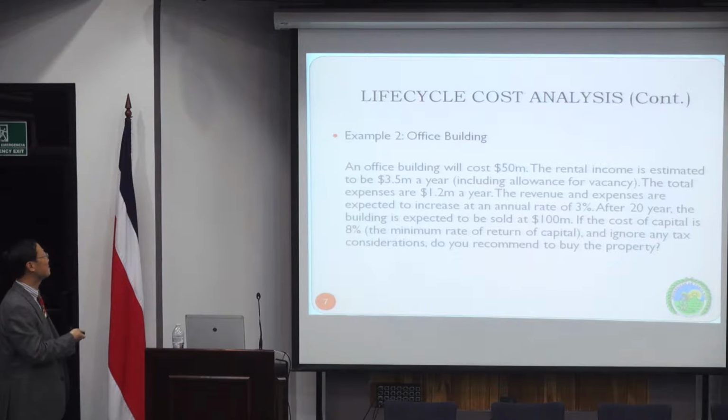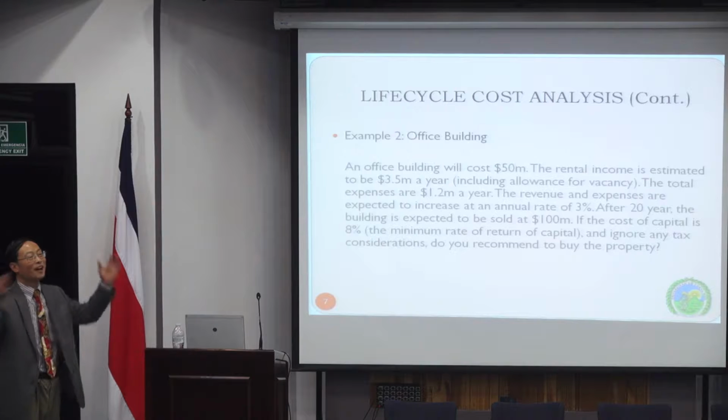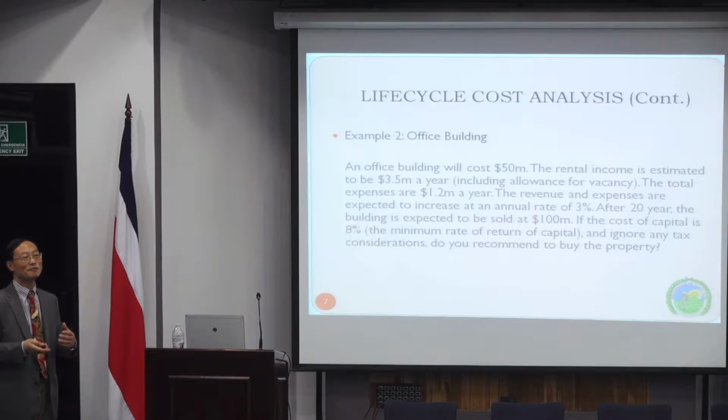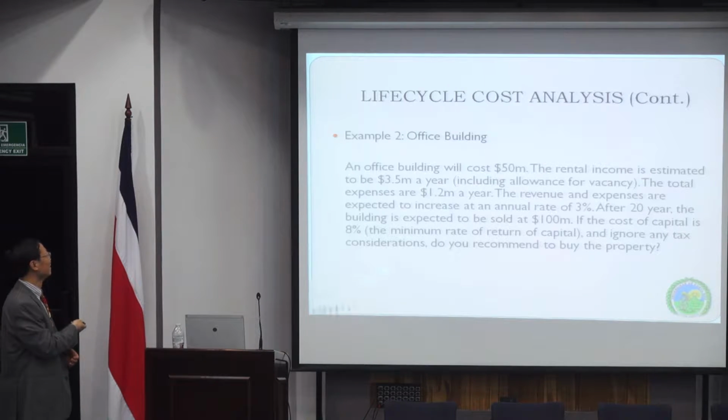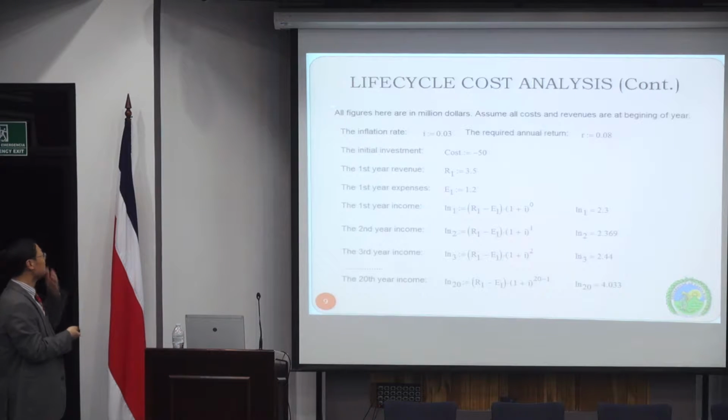So you do the same thing: all the money in is positive, all the money out is negative, and you add them together to see if the result is positive or negative. If it's positive, then it's good, you make money. If it's negative, you lose money. Basically, that's how you do it. You have the initial cost, which is negative money out.